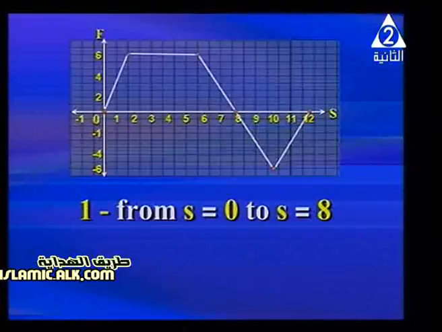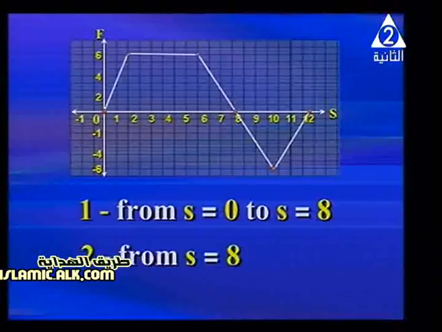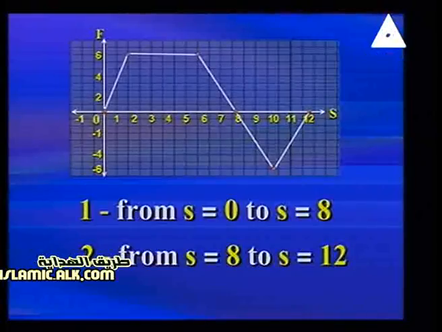Look, dear student, from s equals 0 to s equals 8, and from s equals 8 to s equals 12. From s equals 8 to s equals 12 represents the area of what?